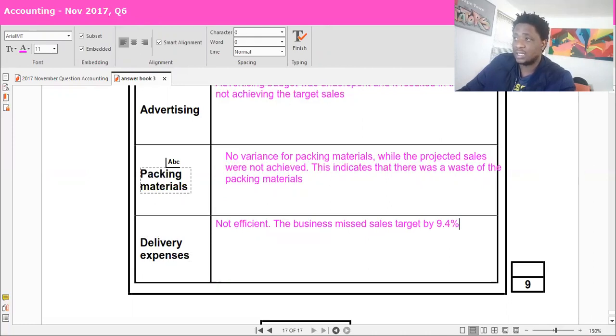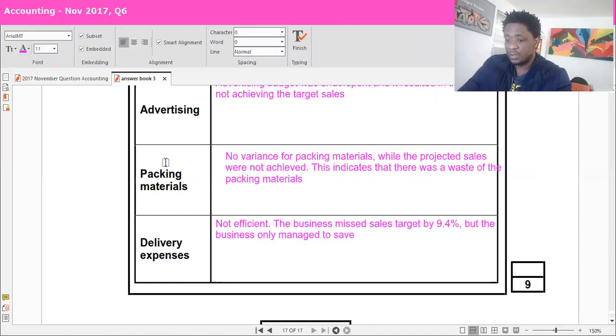So we missed the target by 9.4%, but the business only managed to save 2.3% of the delivery expenses budget. So yeah, that is the problem that I did identify.